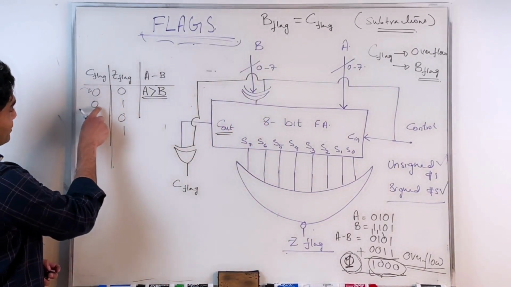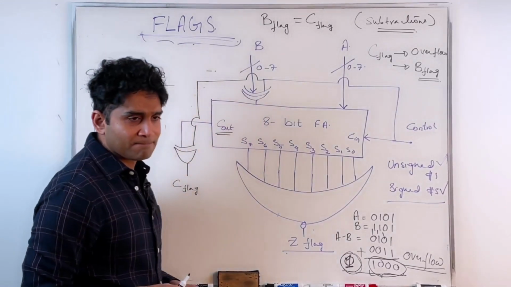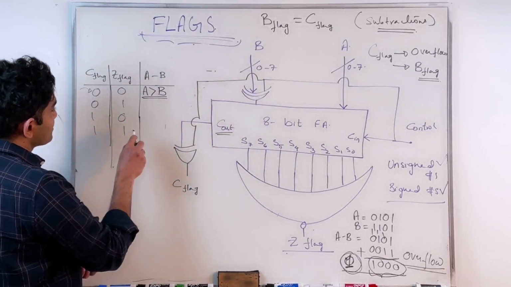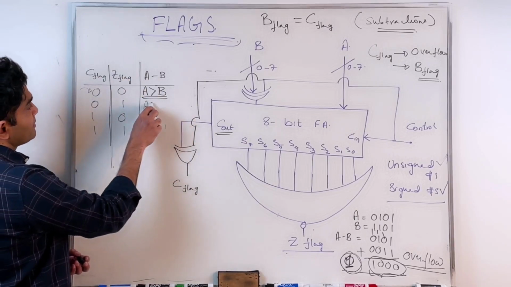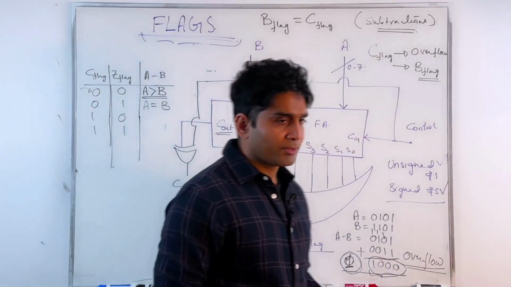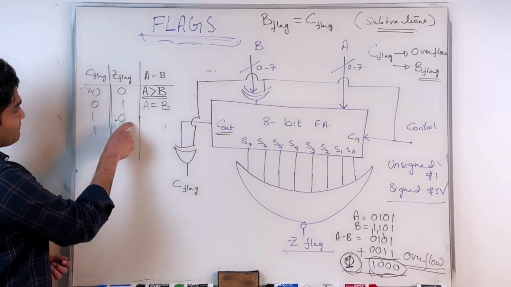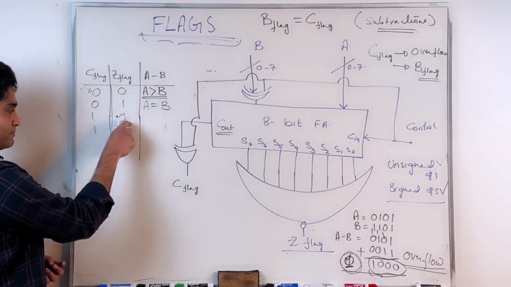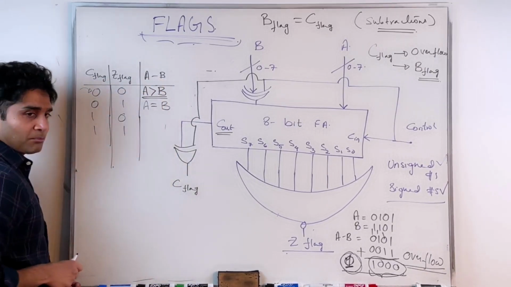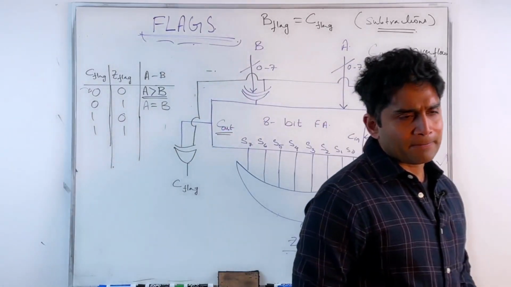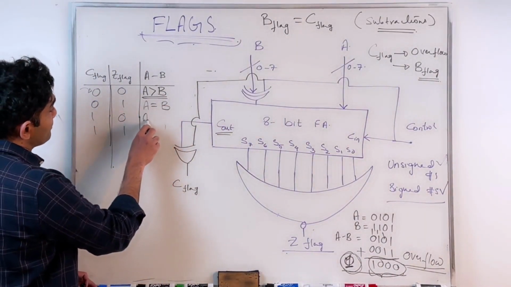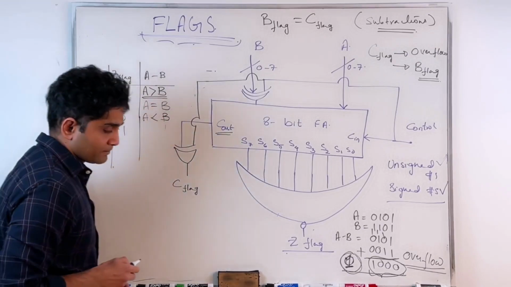What about if my C flag is 0, my Z flag is a 1? Then in this case, of course my Z flag is set, that means my A is equal to B. Here my C flag is set, Z flag is 0, that means A is not equal to B, and A is less than B, because when I'm doing the subtraction operation, my C flag acts like the borrow flag, and A is less than B in this case, because I have to borrow from the imaginary borrow for me to be able to do that operation.